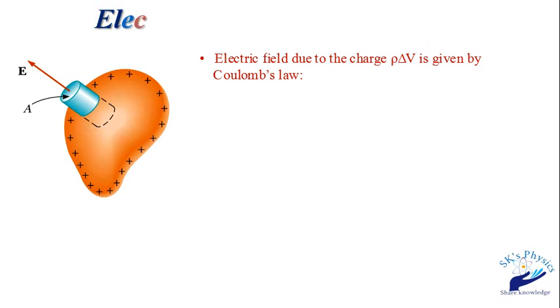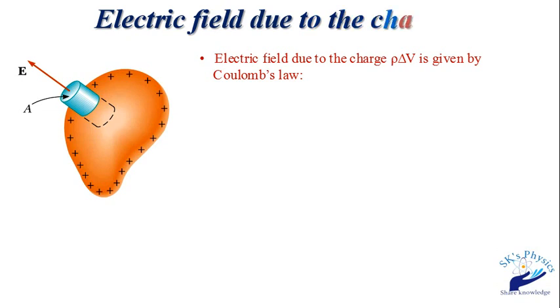Electric field due to the charge rho delta V, that is charge, rho is density and delta V is volume. So the electric field due to the charge rho delta V is given by Coulomb's law.